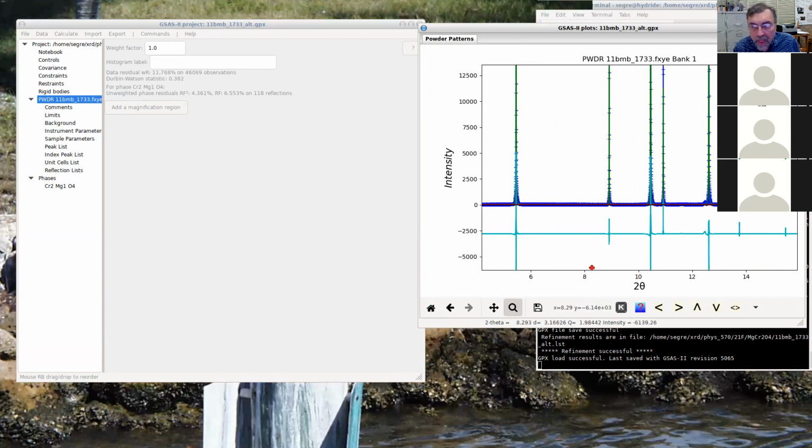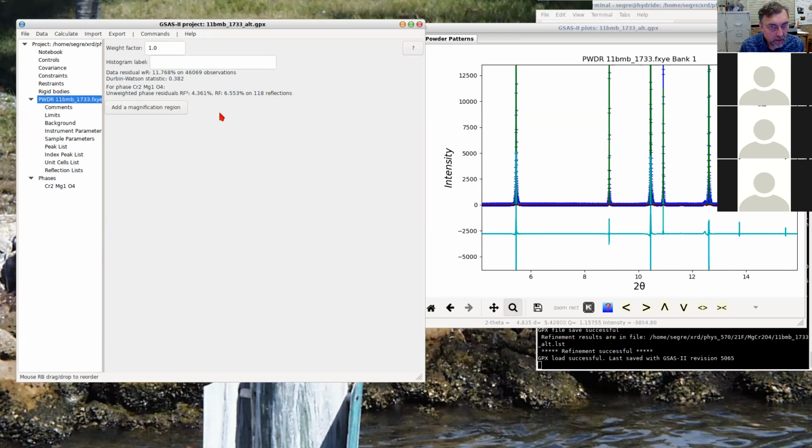So this is not a bad refinement. If you look here, it says it's 11.768 for the residual. But the phase residual for that phase is much better. It's 4.3 or 6.5, which is really quite acceptable.